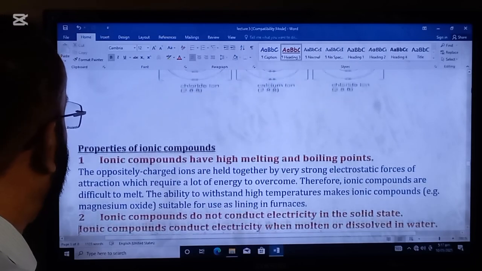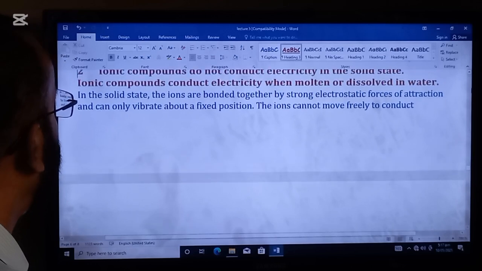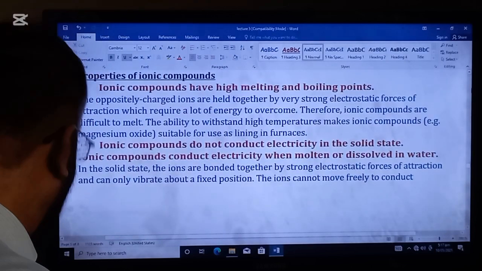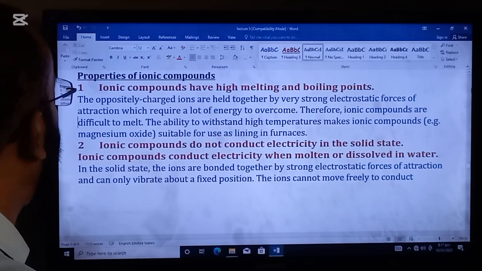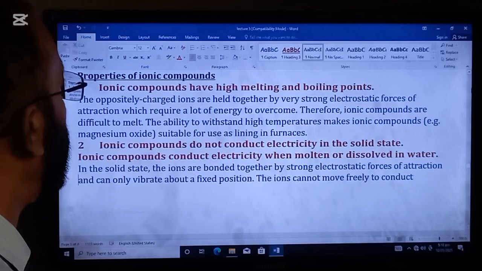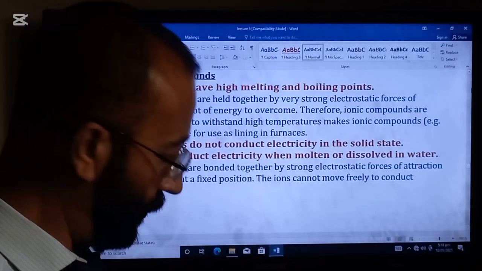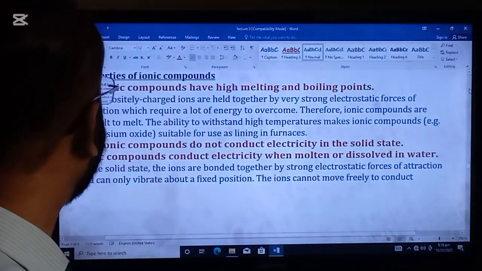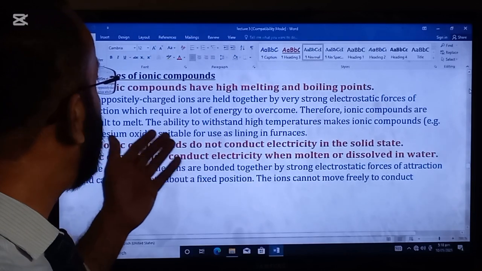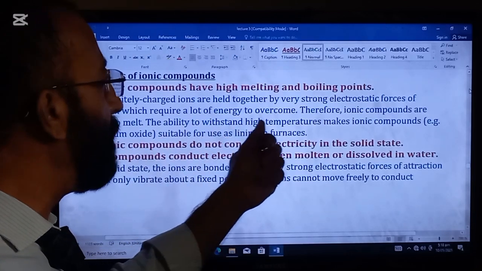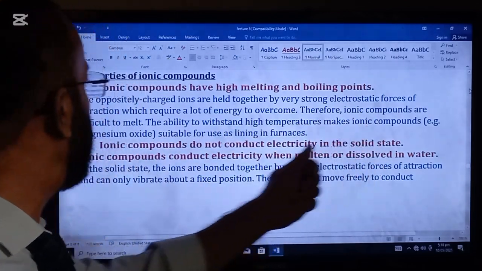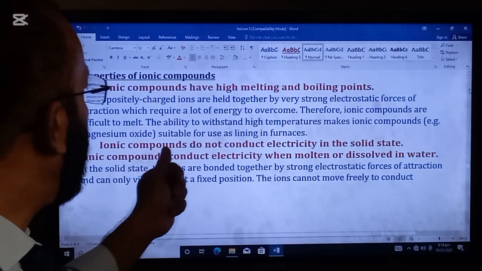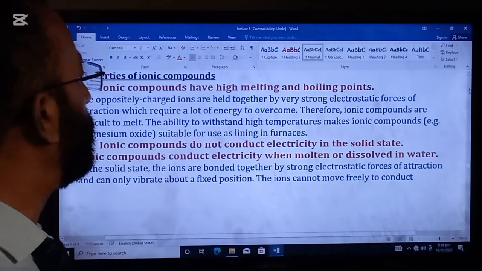Next are the properties of ionic compounds. The first property is ionic compounds have high melting and boiling points. The explanation for this point is the oppositely charged ions are held together by very strong electrostatic forces of attraction, which requires a lot of energy to overcome.